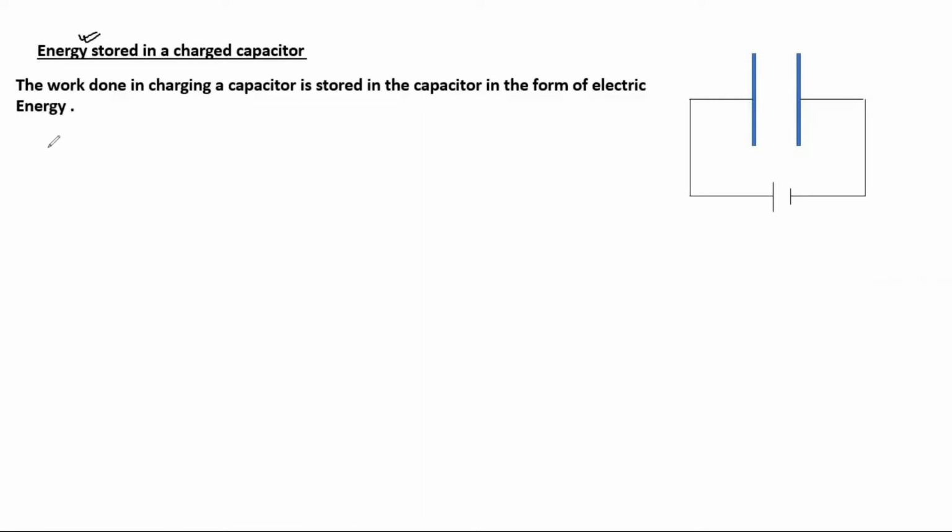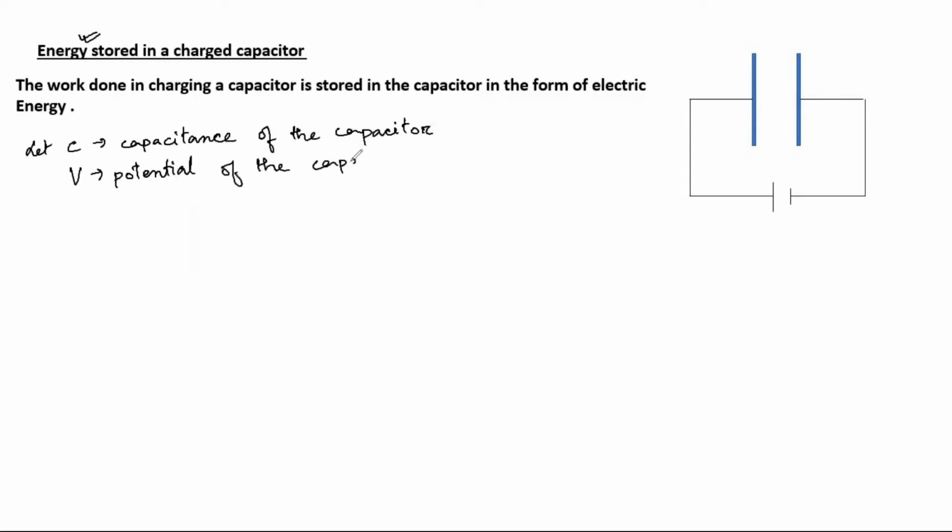All right. Let's say that C is the capacitance of the capacitor in this diagram. Since it is connected to this battery and is getting a certain charge, at any instant, let's say V is the potential of the capacitor.